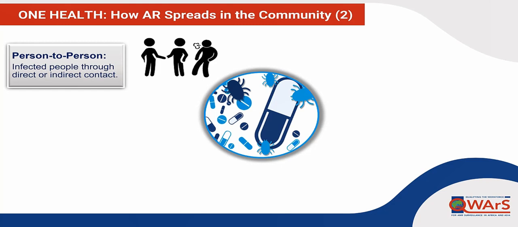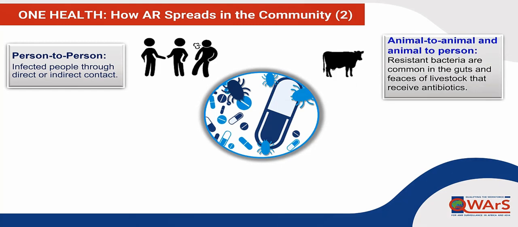Animal to person: humans and animals can also pass resistant bacteria back and forth. Resistant bacteria are common in the guts and feces of livestock that receive antibiotics. Those bacteria can be transferred to people who are in close contact with those animals, such as farmers or veterinarians.